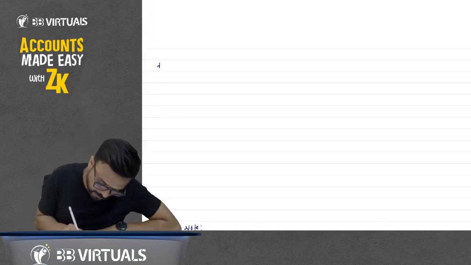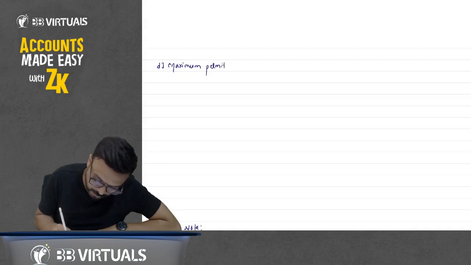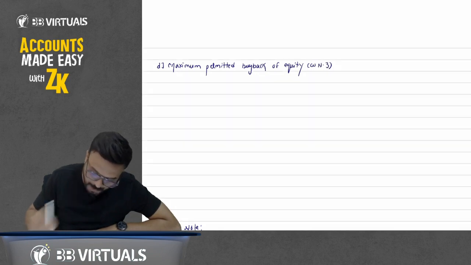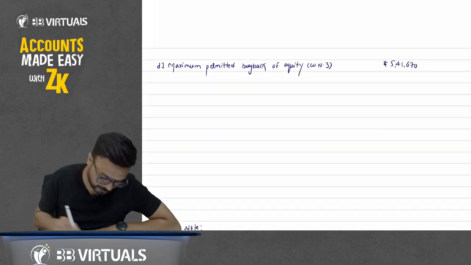Point number D is the maximum permitted buyback of equity, which we have calculated in working note number 3. The amount is 5,41,670.